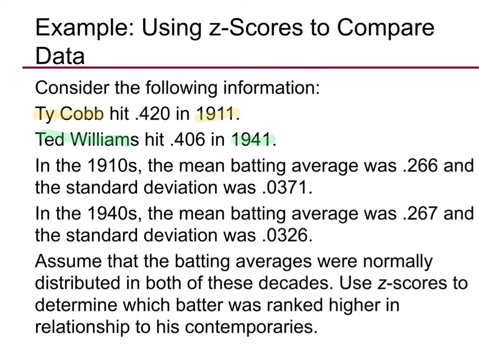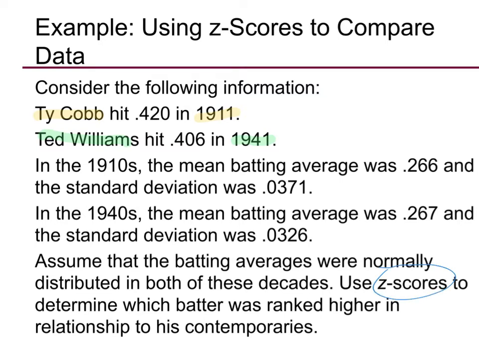Ty Cobb had a batting average of 0.420, and Ted Williams 0.406. In order to compare them against each other, we need to standardize those two batting averages. Clearly, Ty Cobb had a better batting average, but because he played in a different era, was it actually better? To compare them relative to each other, we use z-scores.